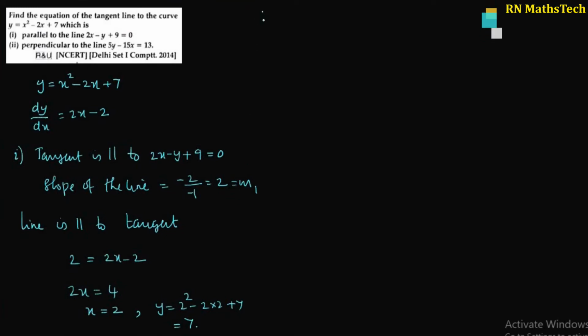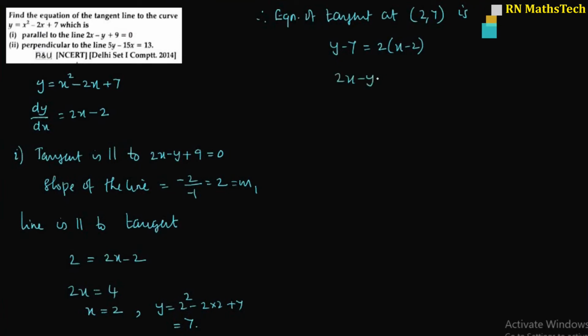Therefore equation of tangent at 2, 7 is y minus 7 is equal to 2 into x minus 2. Okay, or 2x minus y plus 3 is equal to 0.